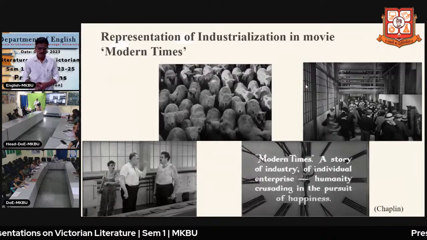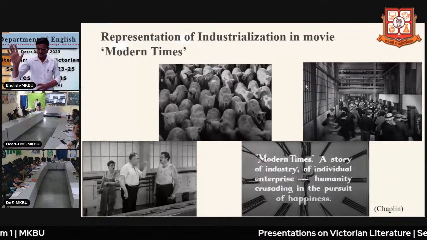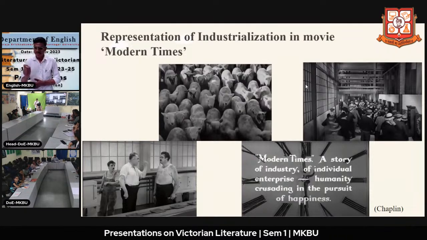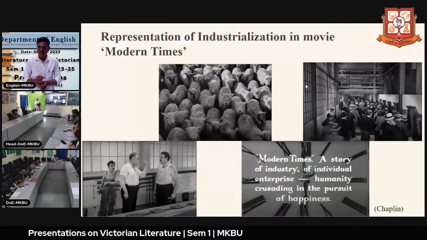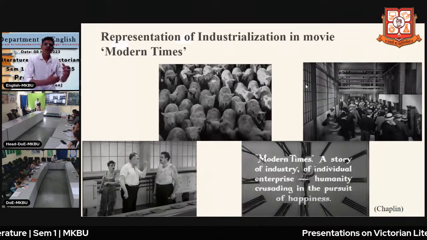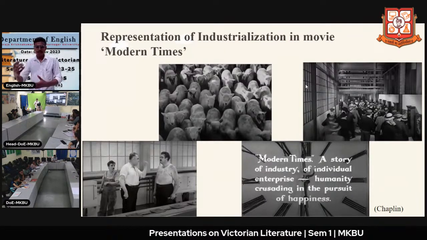When the story begins, it is portrayed as Modern Times, a story of industry, of individual enterprise, humanity crusading in the pursuit of happiness. How is it pursuit of happiness, when people are working in the factories and their lives have become more mechanical?